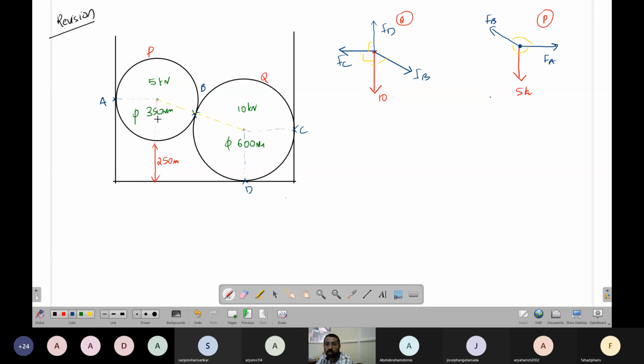Okay, you tell me what is this total distance? It is 600, right? 250 plus 350 is 600. Now what is this distance?